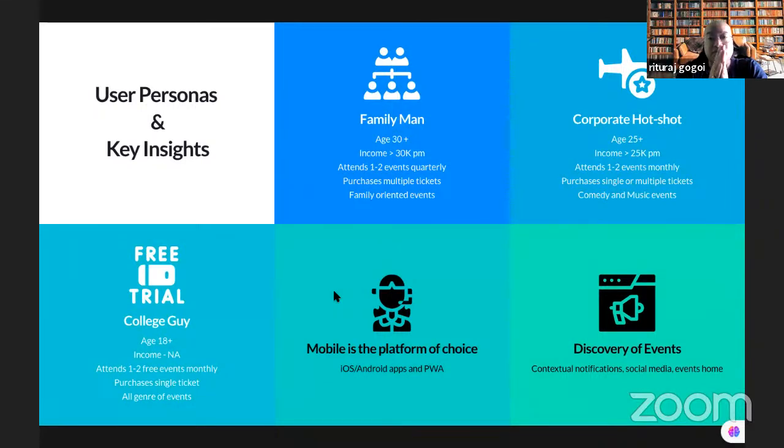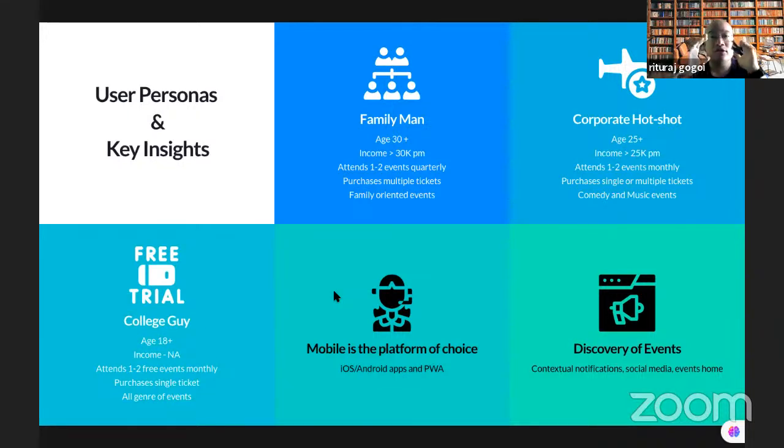That was an important area, and there were a lot of problems around that. Second was availability on social media. They wanted those events to be easily and readily available whenever they were on social media platforms.